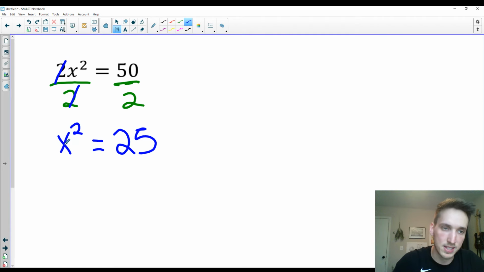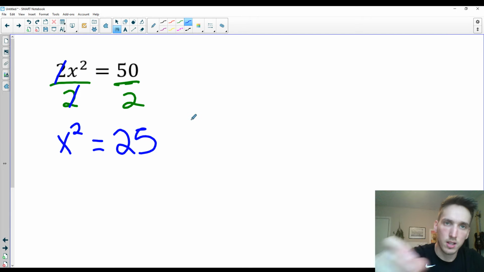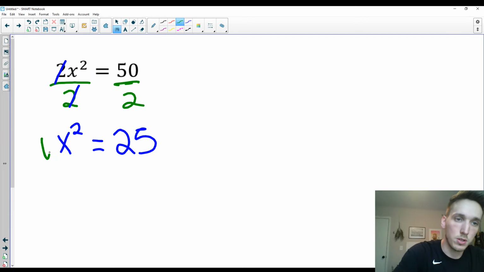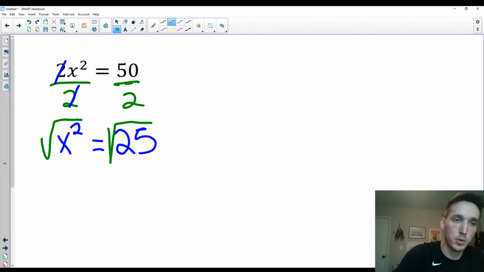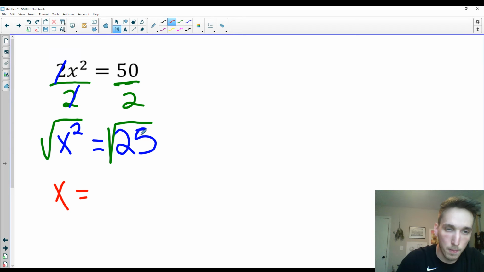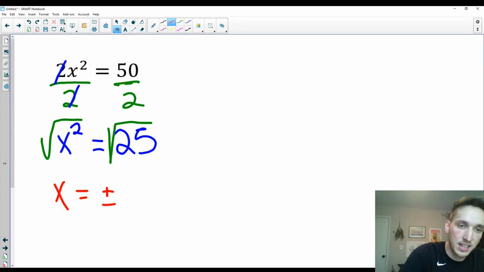I want to get x by itself. It's being squared. To get rid of the squared, I've got to take the square root of both sides because I know the square root of x squared is just x. And the square root of 25, just like before, both positive and negative 5 satisfy this equation.